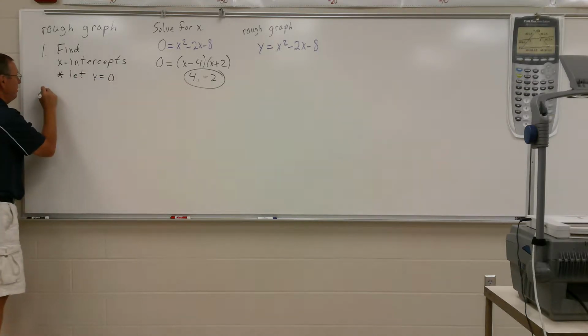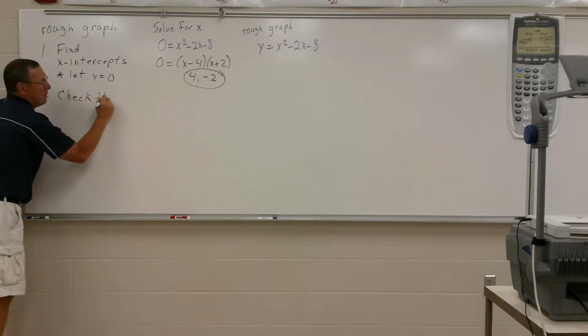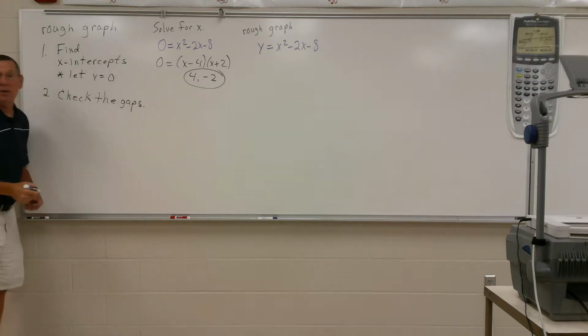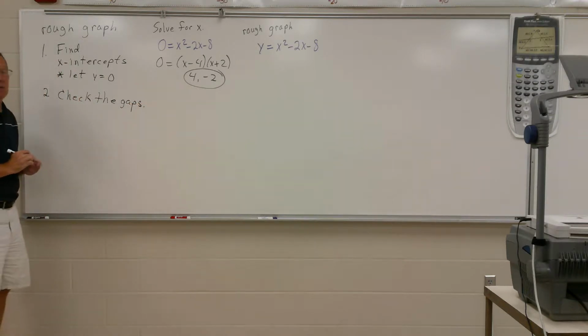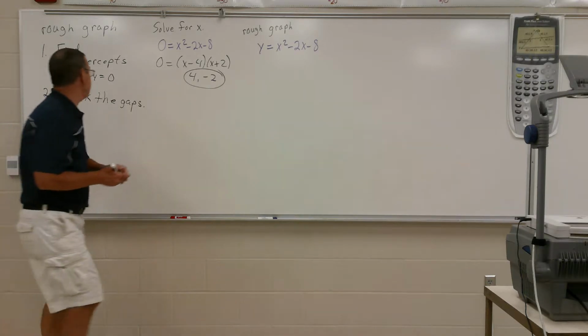Second step, and this will be new for you, I believe, and you're going to do this many, many times in pre-calculus, and then many, many times in advanced placement calculus. We're going to be checking the gaps. So to make a rough graph, we find x-intercepts, let the y equal 0 to find them, then we check the gaps.